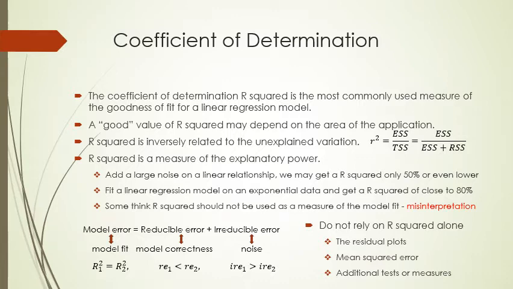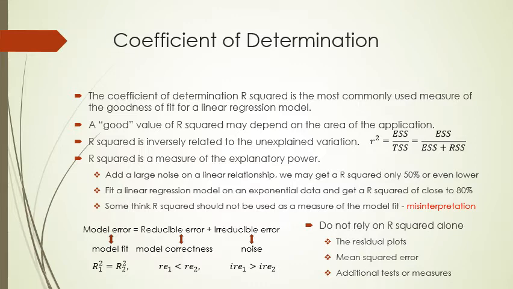For example, if we add a large noise on a linear relationship, an R² of 50% tells us the model may explain 50% of the total variation. Since the reducible error is 0, the remaining 50% of the variation is noise. We may not assume high R² values even if there is an underlying linear relationship, unless we can control the noise.